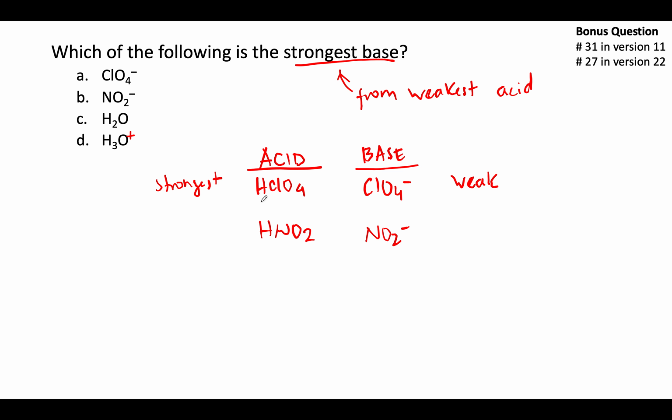However, we also talked about the fact that the hydronium ion was actually a stronger acid than our weak acids, because the water really doesn't want to be in that hydronium ion state. It wants to be in its neutral form. So it wants to donate that proton. So it is actually a stronger acid than nitrous acid. So therefore, it's definitely not the strongest base.